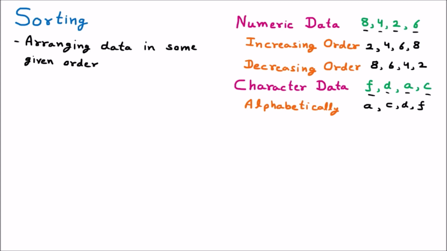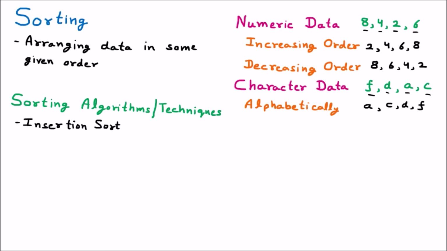Now we are discussing the different sorting algorithms or techniques for sorting the numeric or the character data. The first technique is the insertion sort. Next is selection sort, then merge sort, then bubble sort.